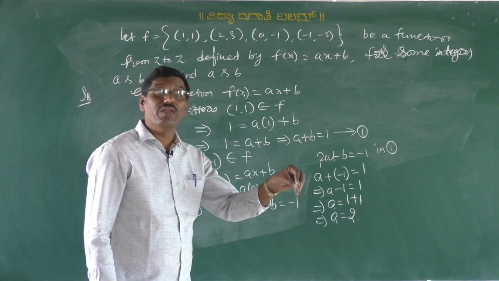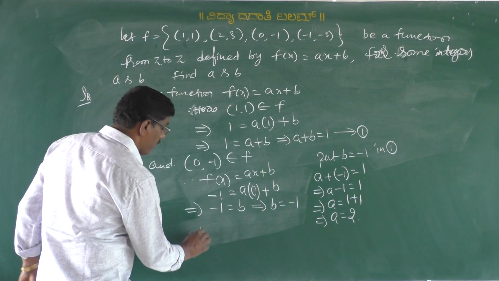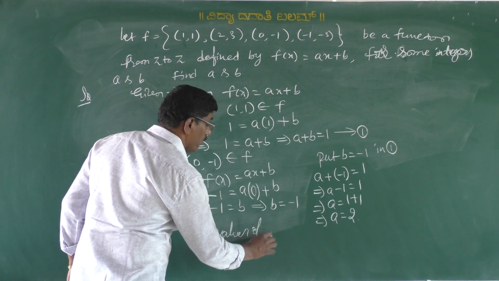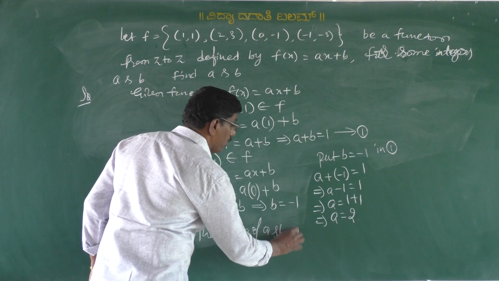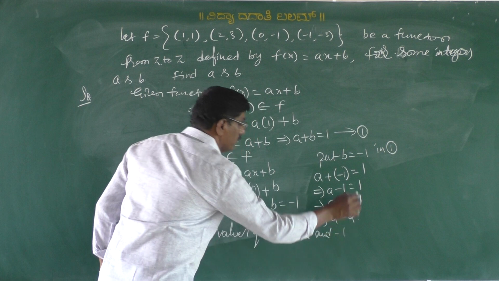Therefore, the values of a and b are 2 and -1.